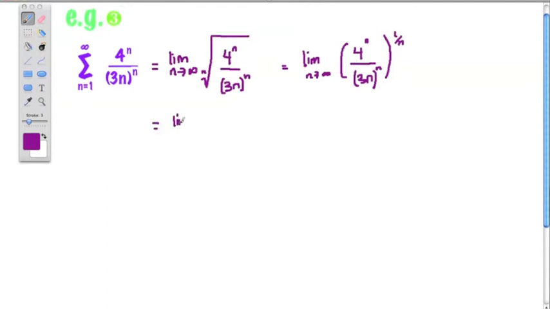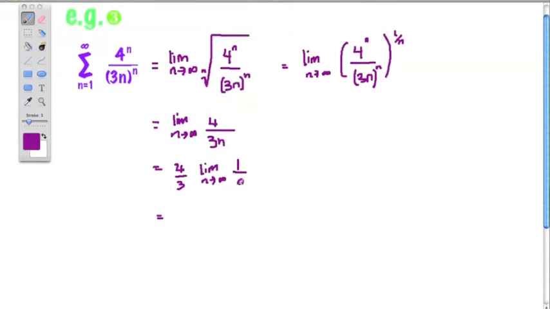Still, we continue, limit to infinity. Then we get 4 over 3n. And then we put 4 over 3 at the front as it is constant, and we insert the limit as n goes to infinity into 1 over n.